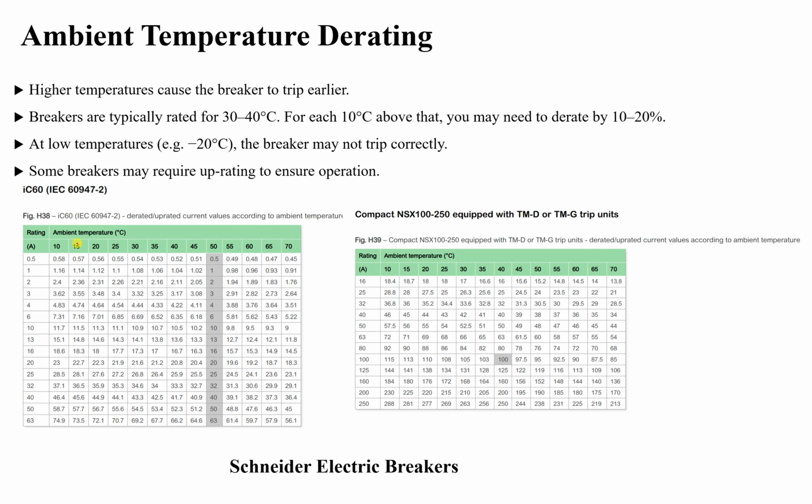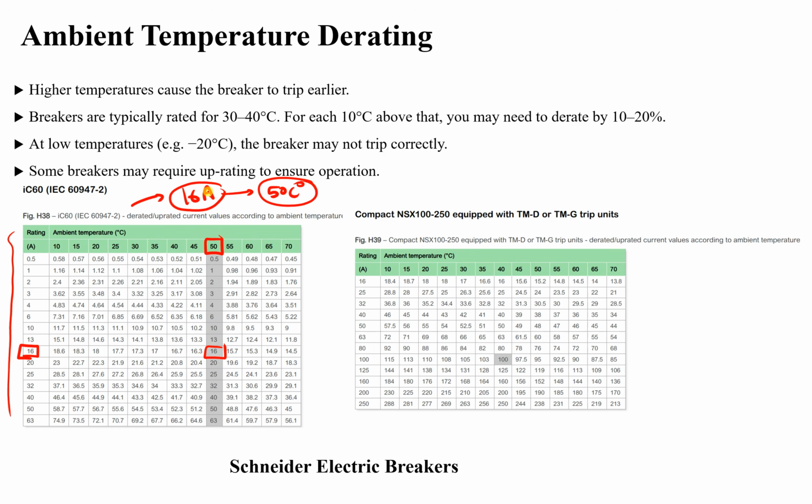For example, for this series of breakers, let's take this 16 ampere. This is the rating of the circuit breaker. Now if you look carefully here at 16 ampere, at this part here, 50 Celsius degrees, it means that these breakers give us 16 amperes at 50 Celsius degrees.